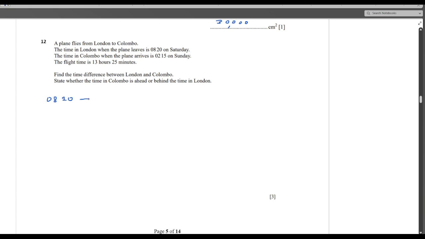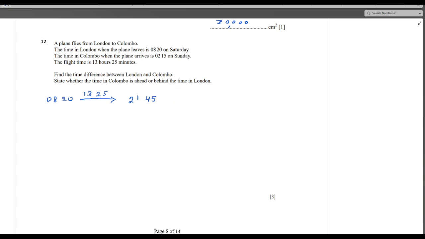Okay, so 13 hour 25 minute. If I add 13 hour 25 minute, what will I get? 13 plus 8 is 21, and 20 plus 25 is 45. So 21 hour 45 minute I will get, and this will be your Saturday only, Saturday night.